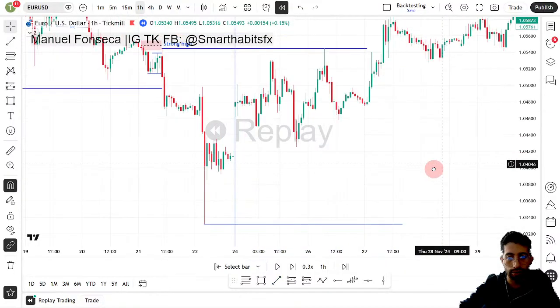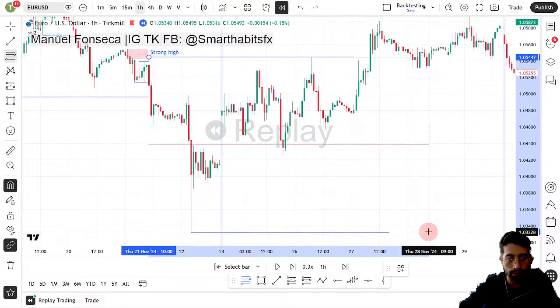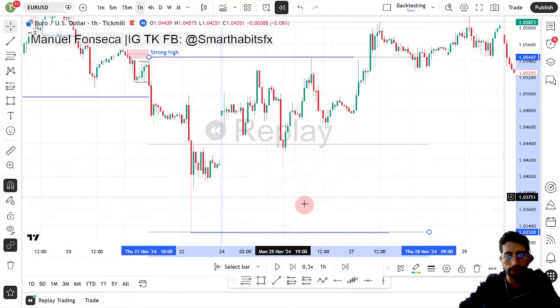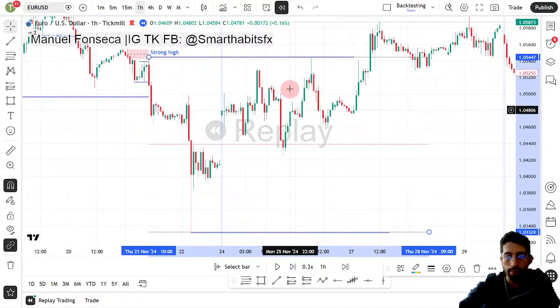A super, super huge impulse. And now we have already updated our range. If we take into consideration from this point to this point, everything that is below the 50%, we can look for opportunities to buy, and if it is above the 50%, we will look for opportunities to sell.